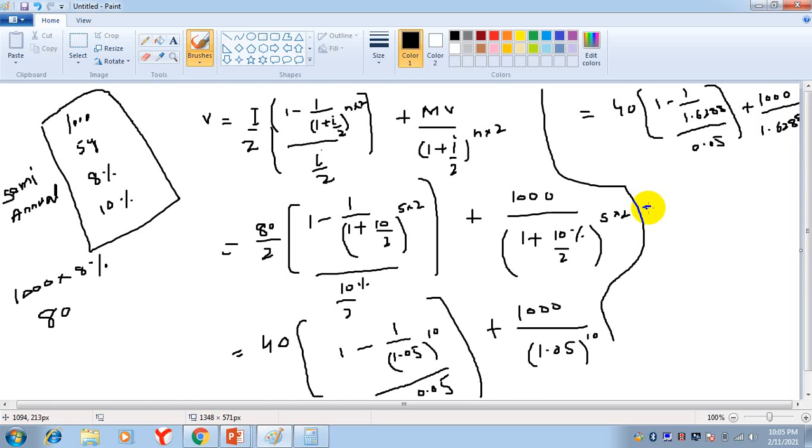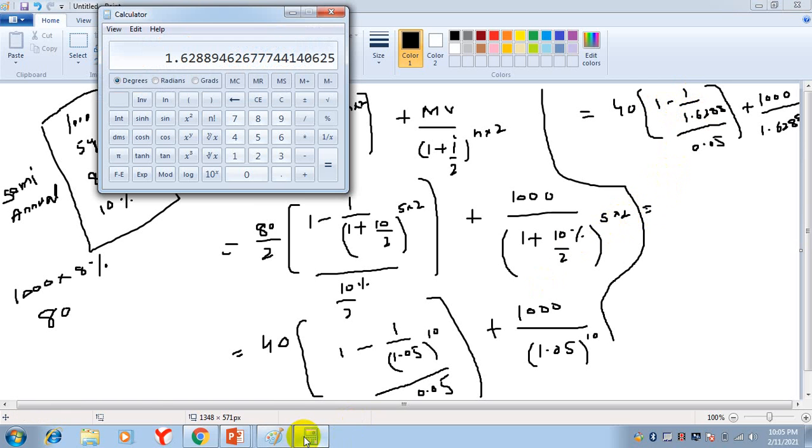So now make the calculations. 1 minus 1 divided by 1.6288, which is 0.6139. 1 divided by 6.2288 gives 0.1605.